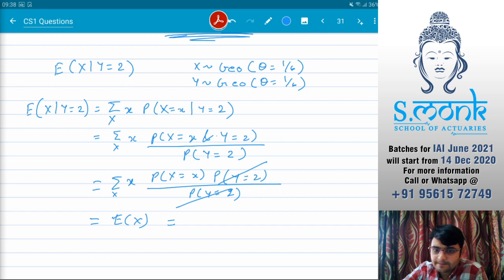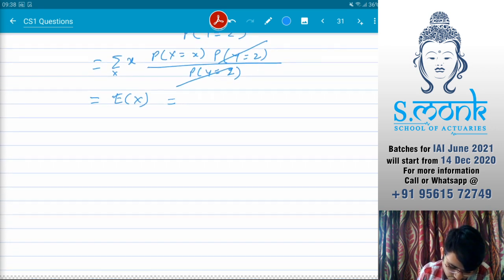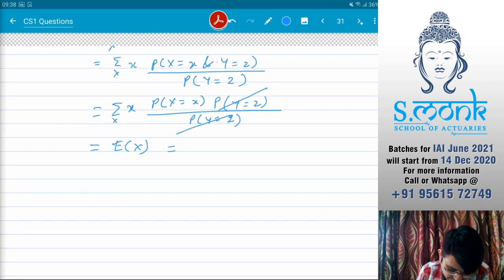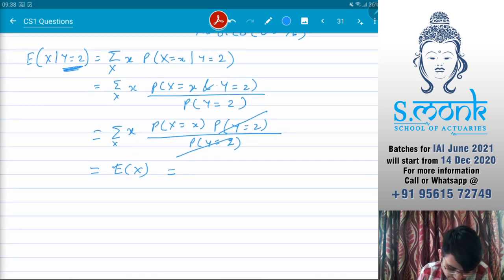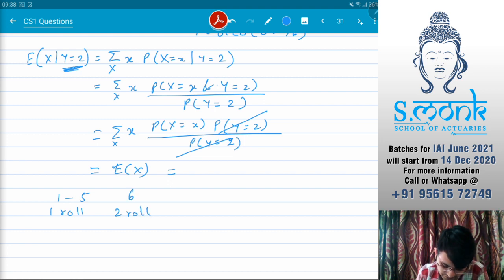Okay, now here what they have said is that our first 6 came at roll 2, okay. So we know that our first roll may be anything from 1 to 5, it is not a 6, okay. Then this is our first roll. Then our second roll is definitely 6, okay.